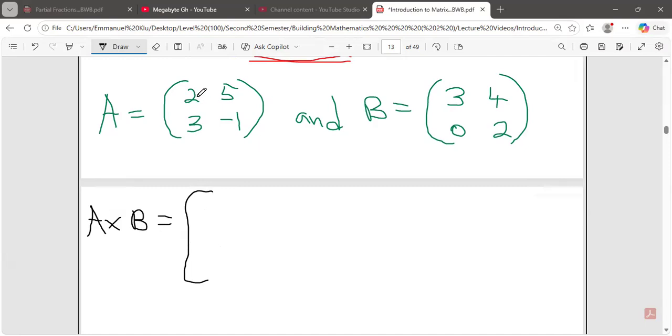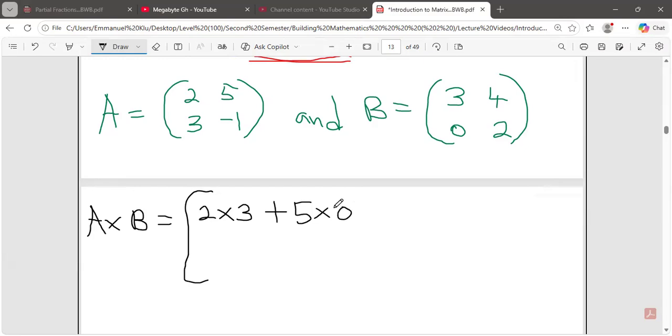So we are going to get 2 times 3 plus 5 times 0.